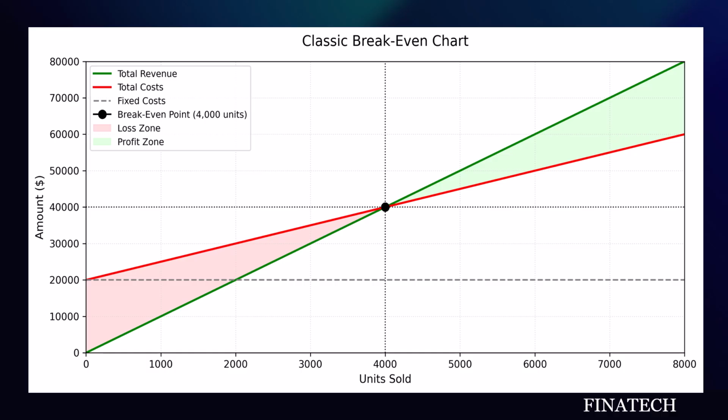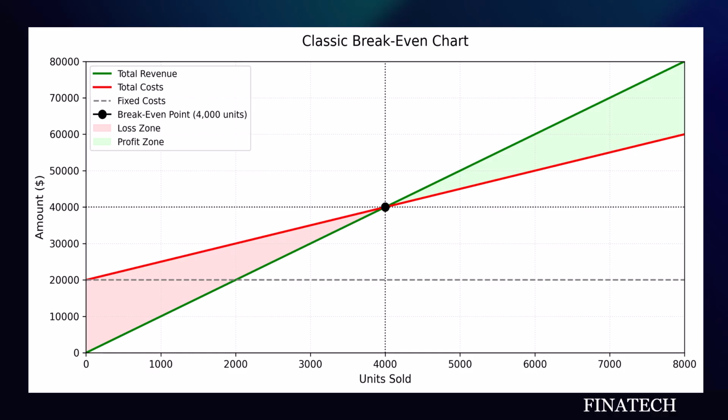On the X axis, you see units sold, and on the Y axis, you see the amounts. Green is total revenue, and total cost is red. Fixed cost is a dot. Break-even point is a black dot.